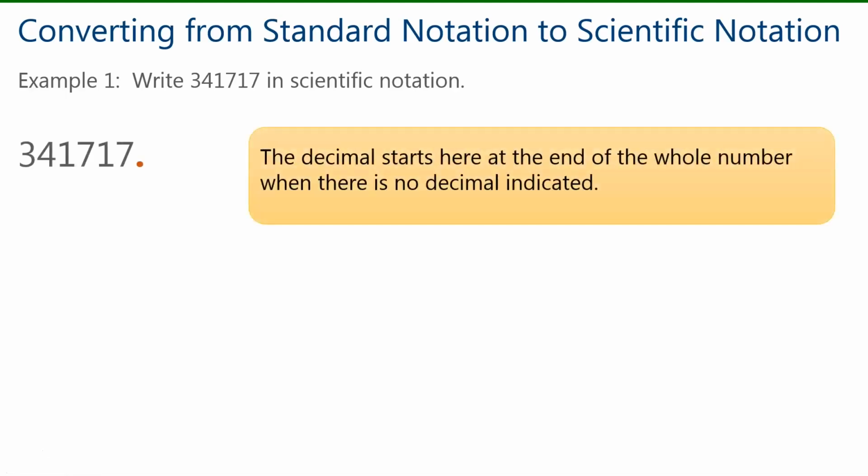Now let's look at how to convert from standard notation to scientific notation. Our first example asks us to write 341,717 in scientific notation. If there's no decimal in the number, the decimal starts at the end of the whole number. So we'll put that in.